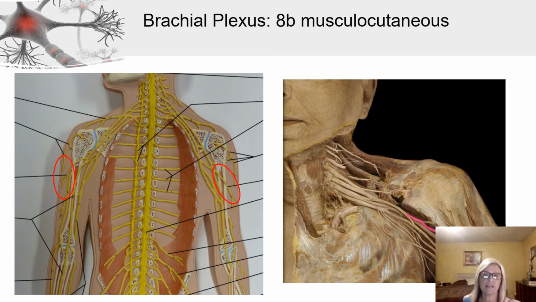So you always have to pay attention to that. Sometimes I will point out some very specific landmarks, so to speak, that will help you to know where they change. I do that more in cardiovascular than nervous system, but it helps to know where that demarcation is, where the name changes.